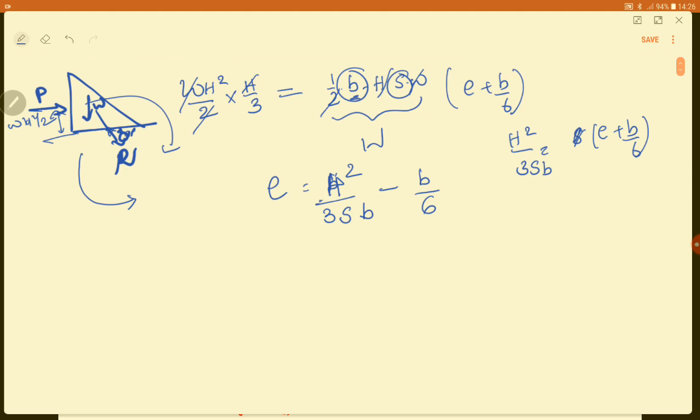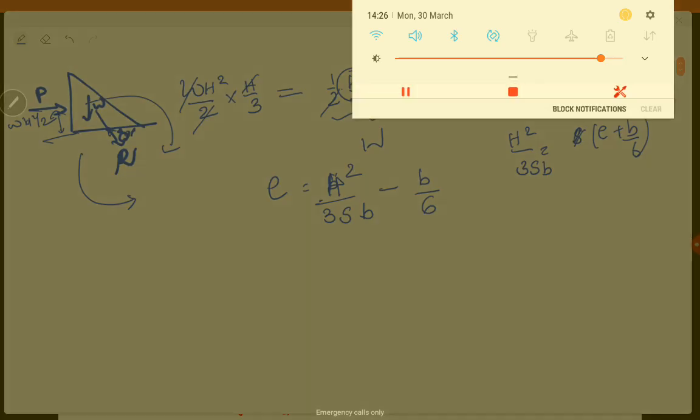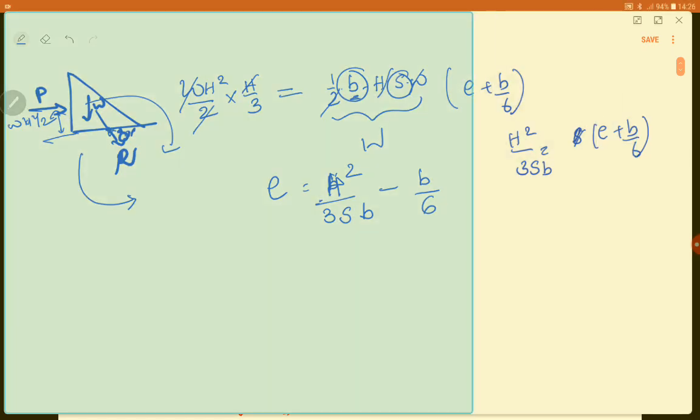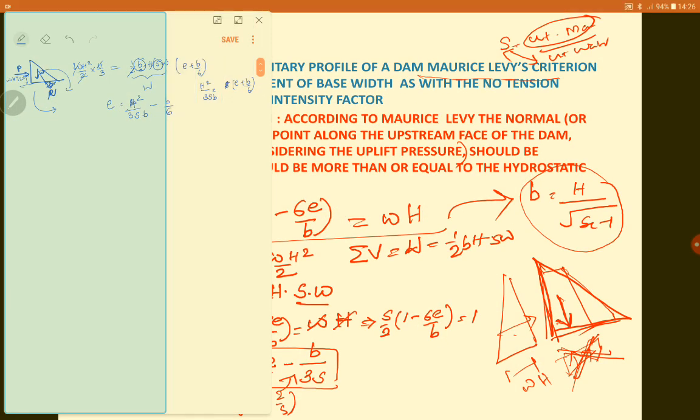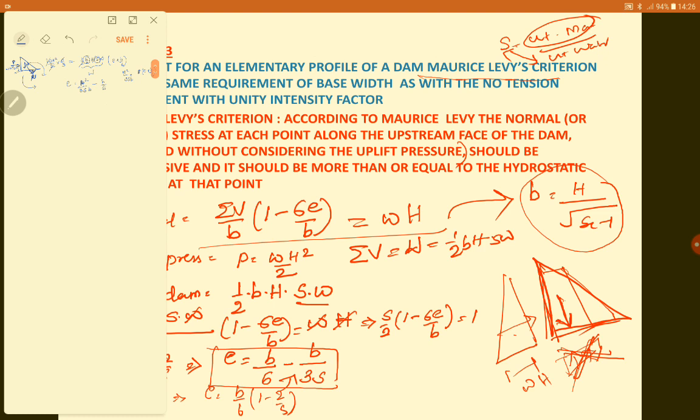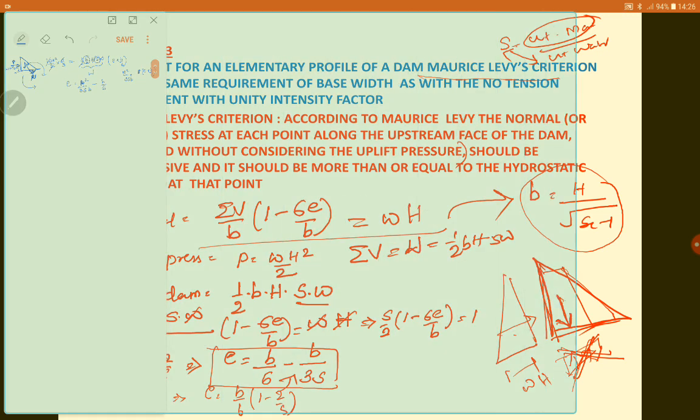Right? Now what you have to do? You have to equate it with the previous equation. What was the previous equation? The previous equation was this one: E is equal to B by 6 minus B by 3S.